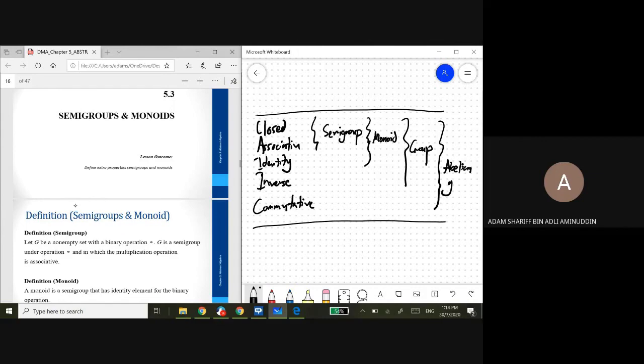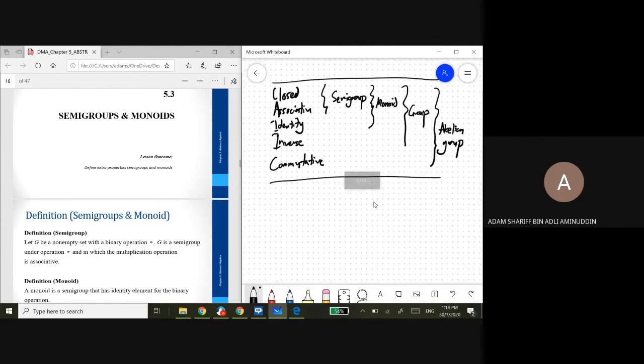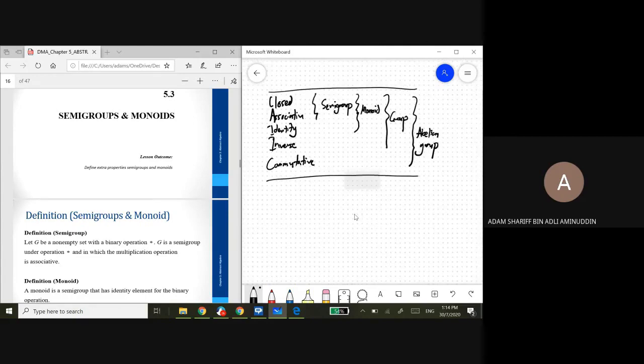Okay, the fundamentals, the properties. Now, I would like to repeat the things that you might forget about closure. Let G be a set with a binary operation. G is the domain set. The symbol star there represents the binary operation.